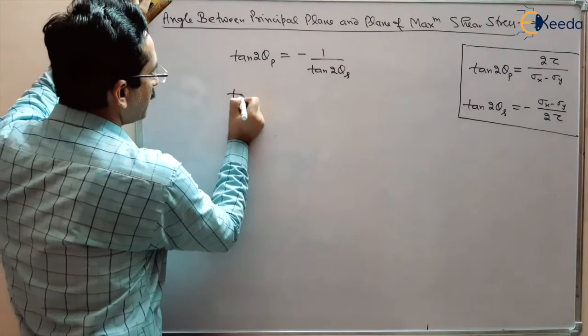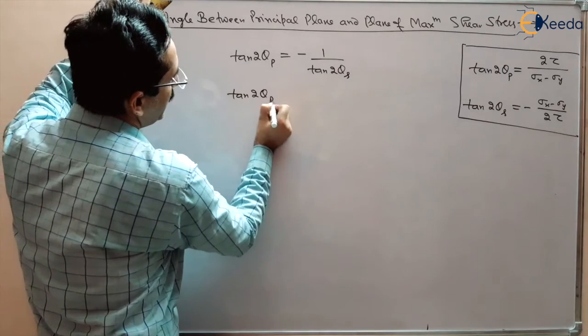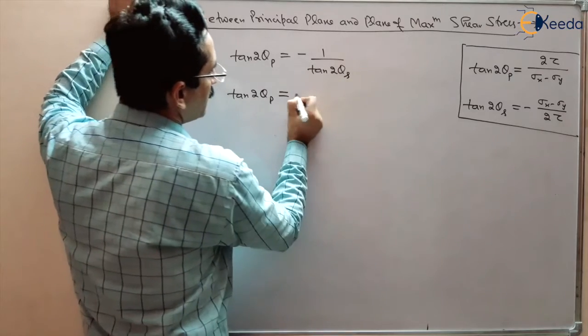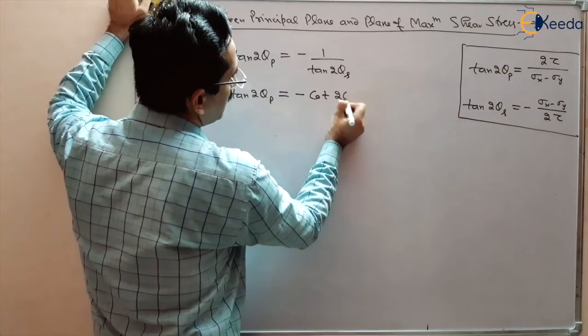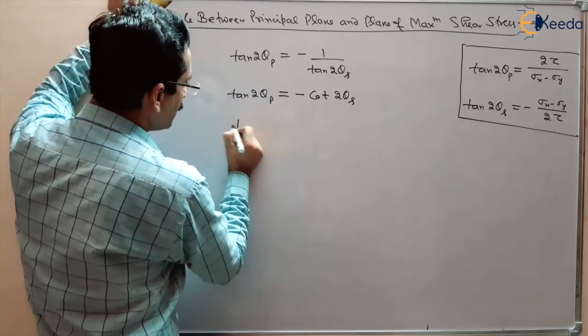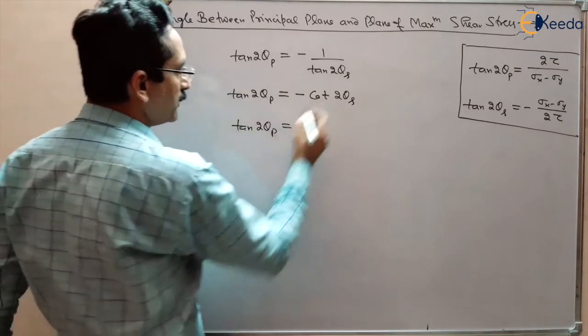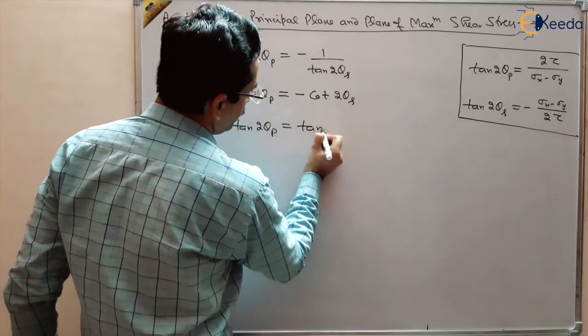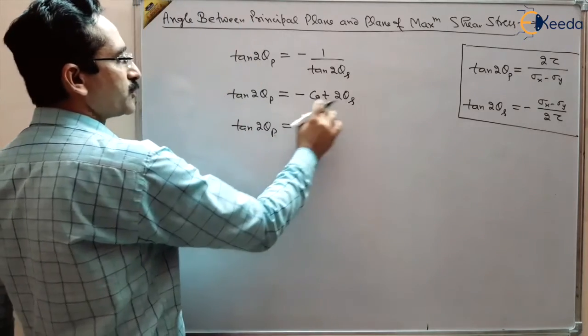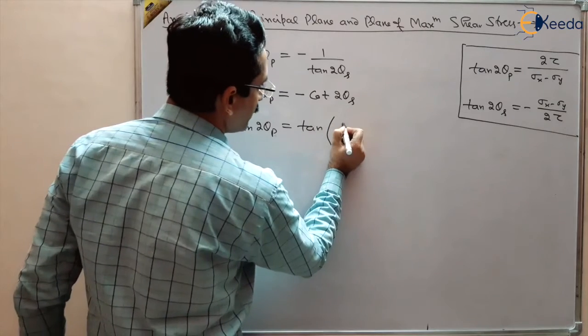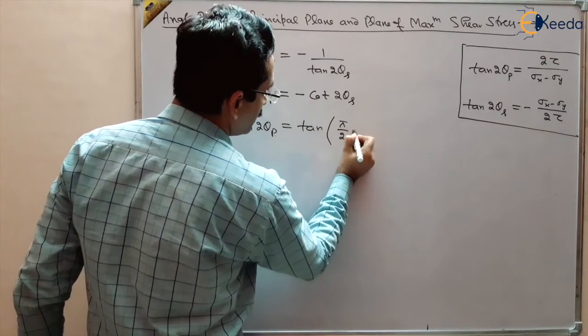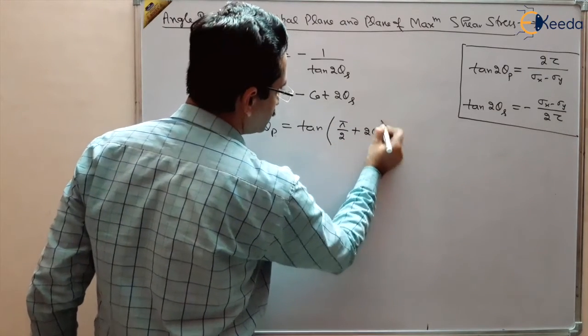Further we can write tan 2 theta p will be equal to minus cot 2 theta s, and this will be tan of pi by 2 plus 2 theta s, right?